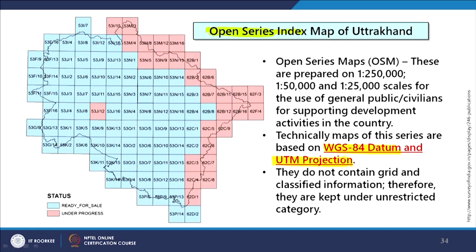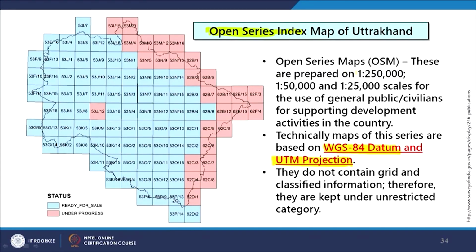So, the area issue will not come because we are not located on the poles, we are just above the equator. So, in that way it is very good. Open series maps are basically prepared at different scales, 250,000, 50,000 and 25,000, and these are not restricted as well.